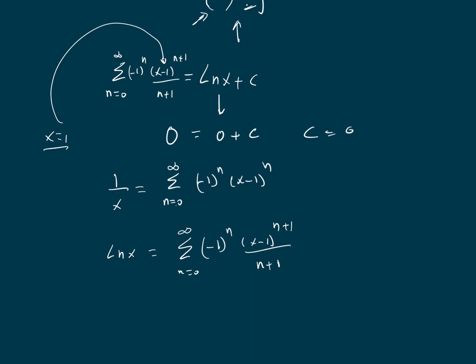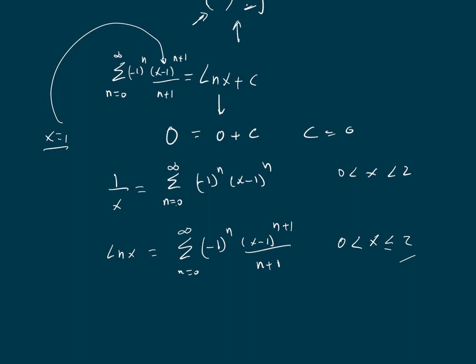And the interval of convergence here is x between 0 and 2. And for sure at 0 it will be open. When we integrate, we may gain an endpoint, the 2.